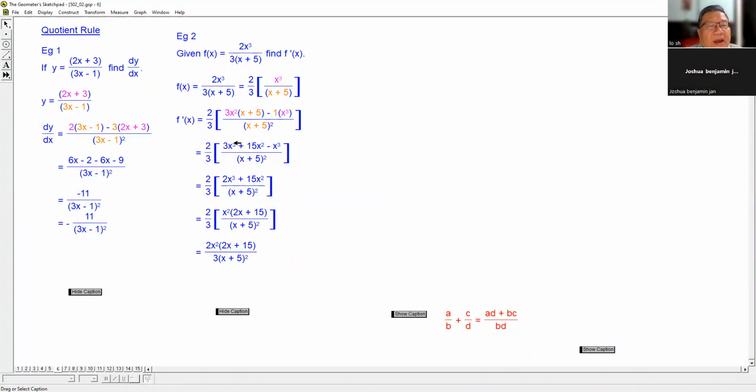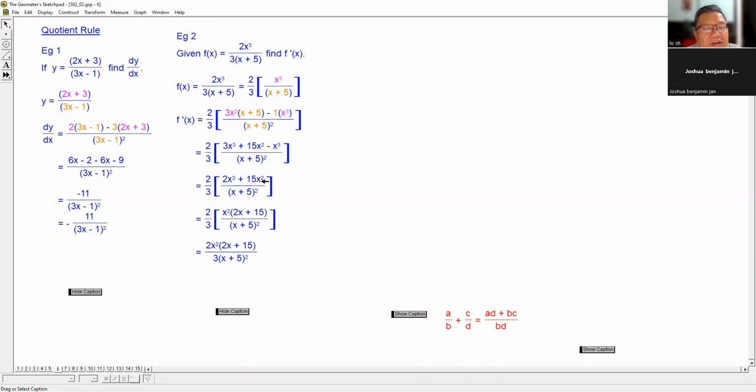Right? When you multiply out, 3x cubed plus 15x squared minus x cubed. Then it become 3x squared, 15x cubed, 3x cubed, 15x squared. Now, from the top, you can see that there is a common factor.